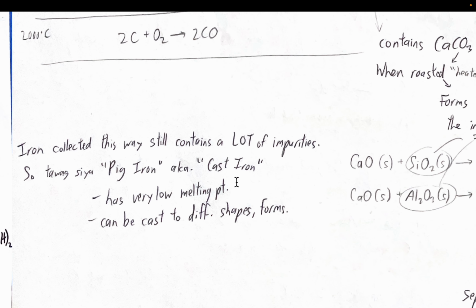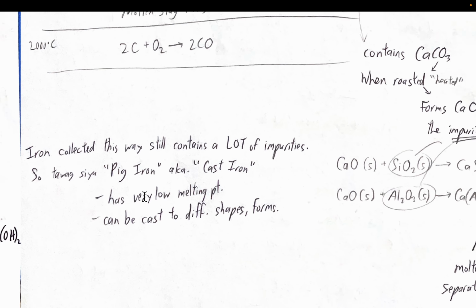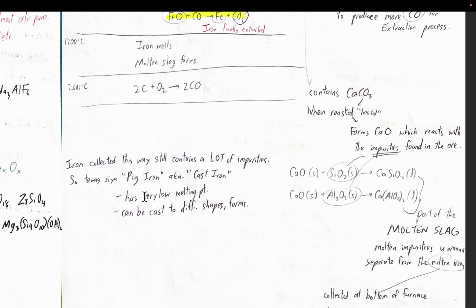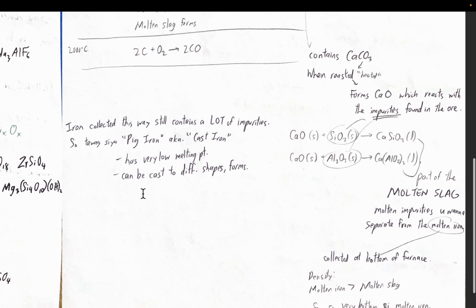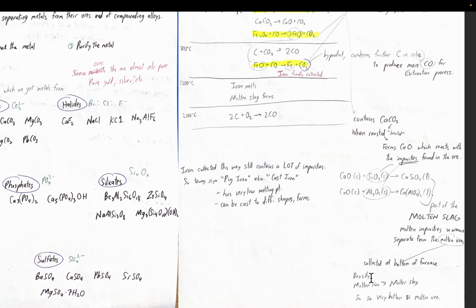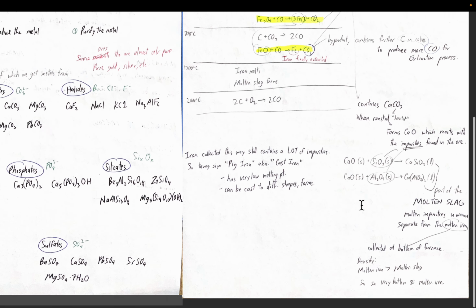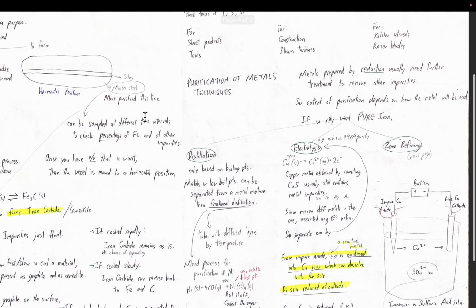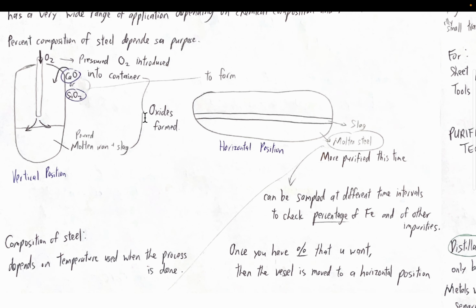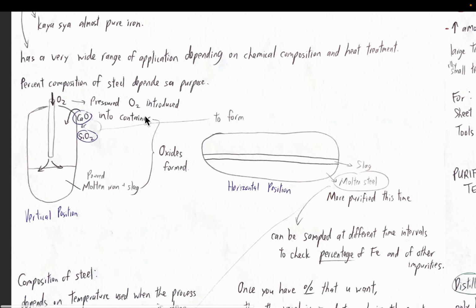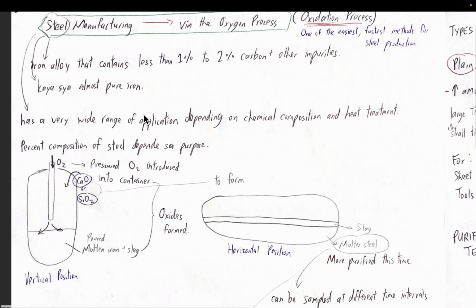This one is a more familiar term. It has a very low melting point and can be cast to different shapes and forms. To separate impurities, a blast furnace has to be designed such that it would be able to separate molten steel from molten slag. More on this in the next video.